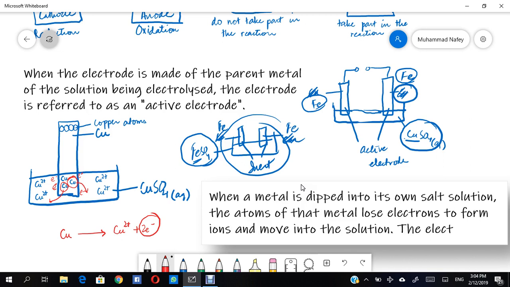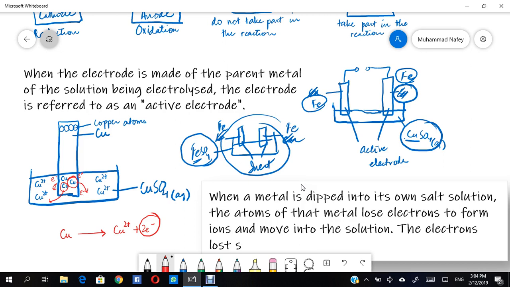The electrons lost stay on the surface of the metal. And why do they stay on the surface of the metal? Because they cannot move into the liquid and they don't have any other place to go.